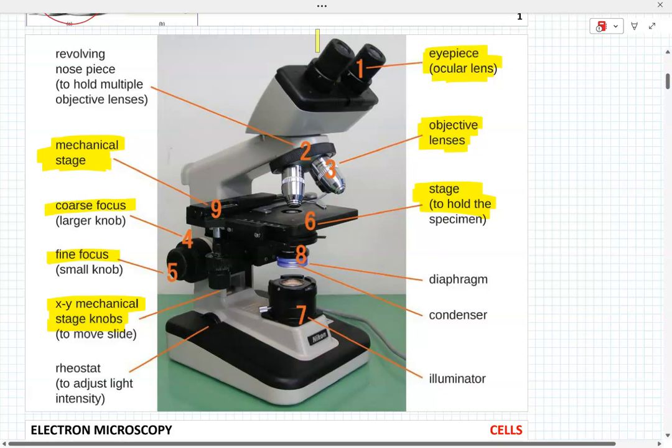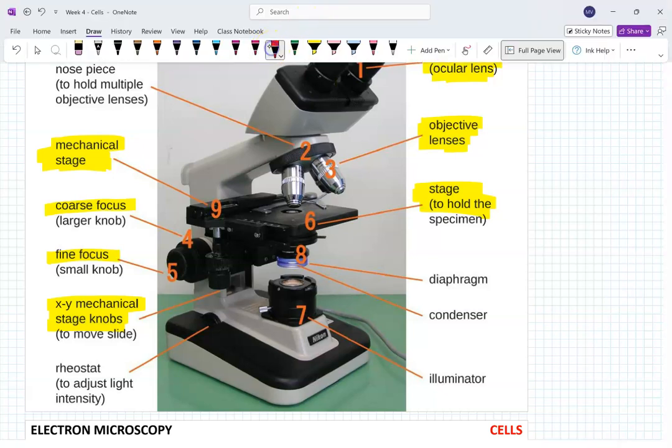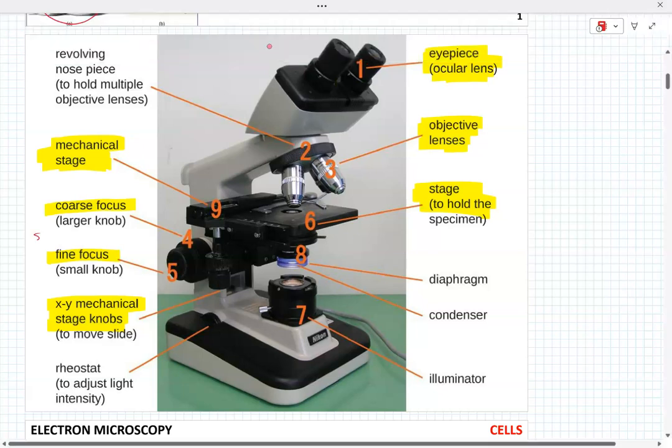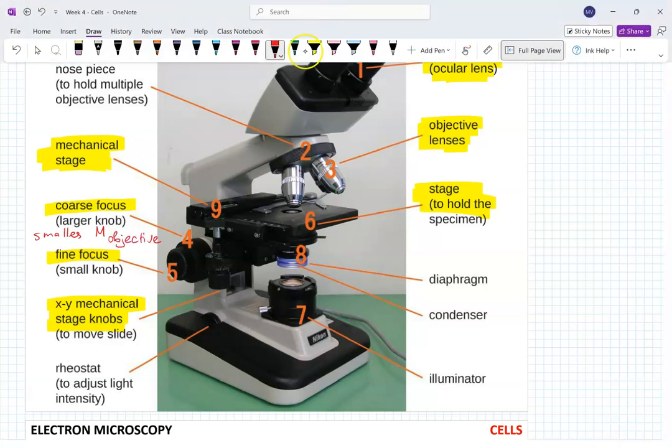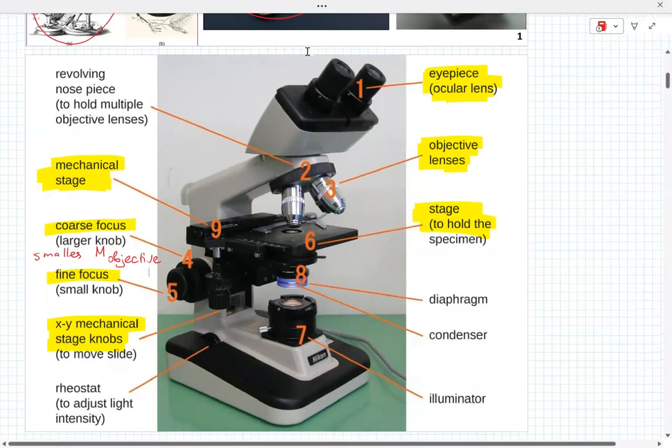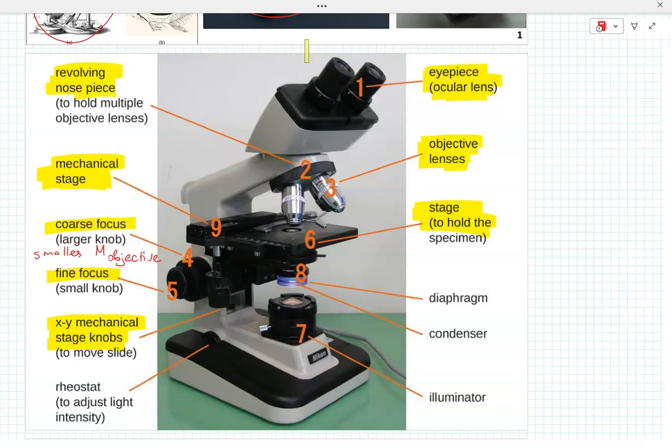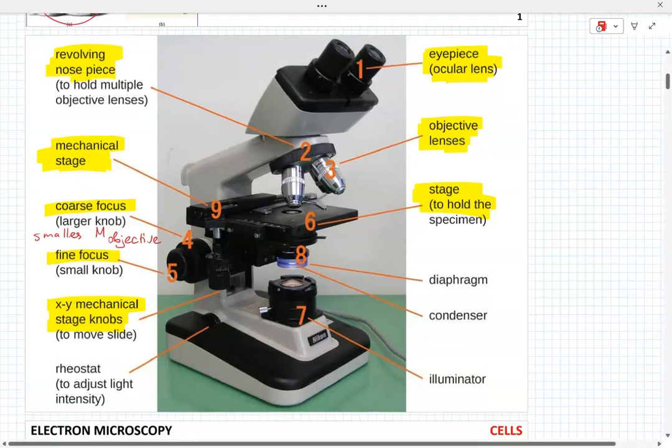The larger knobs, the coarse focus knobs, are used only in conjunction with the smallest magnification of the objective. In other words, with a scanning objective. Objective lenses are positioned on the revolving nosepiece, which allows to quickly change them.